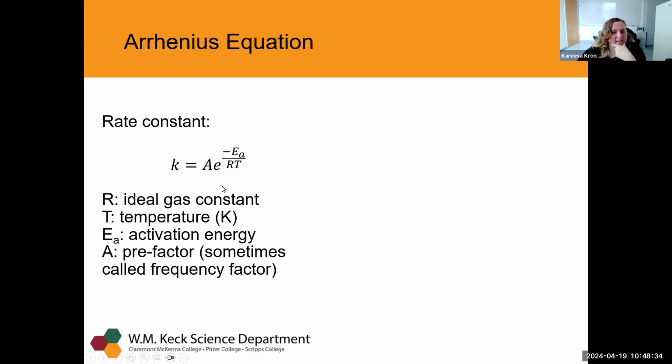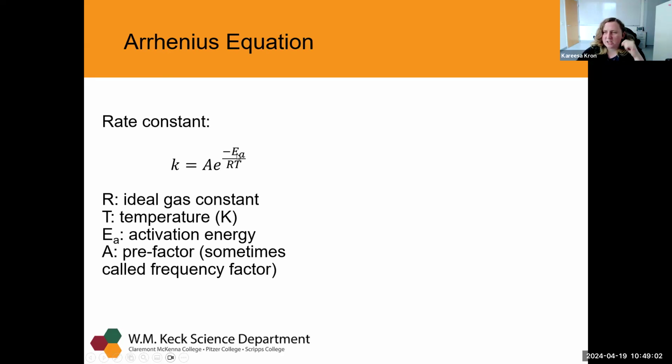And so in this expression, what we're saying is that the rate constant is a function of this prefactor or frequency factor, which describes how often the molecules run into each other in the correct orientation. So it describes the likelihood of collisions and an exponential dependence on the activation energy.